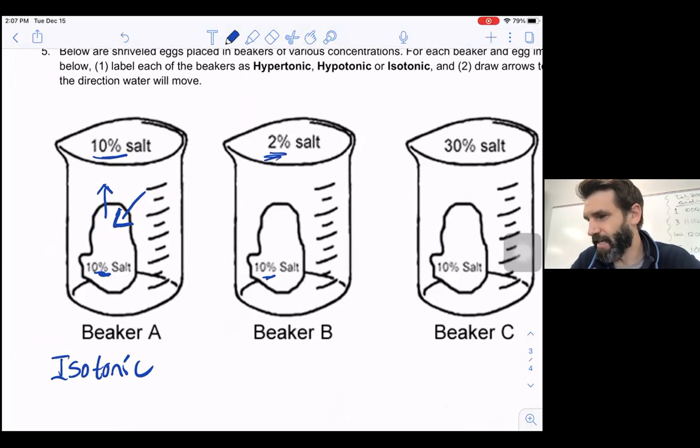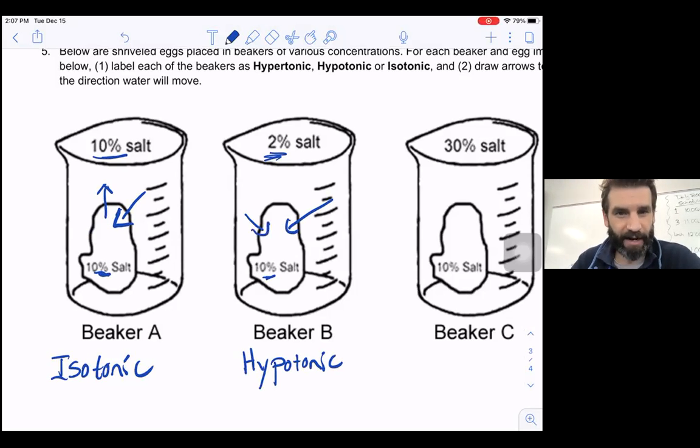So this is going to be hypotonic. So I would expect water to flow in, but we can test this. Well, 10% salt means that this is going to be 90% H2O, 2% salt in the solution, 98% water. So 98 versus 90, water flows from high to low, 98 to 90.